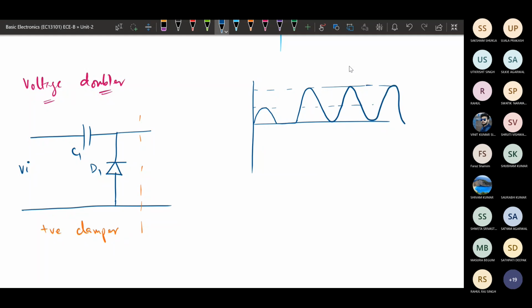So this is the output of the clamper circuit, the positive clamper. It has just clamped the input waveform. Suppose this is the input, a simple sinusoidal input. It will be clamped here.